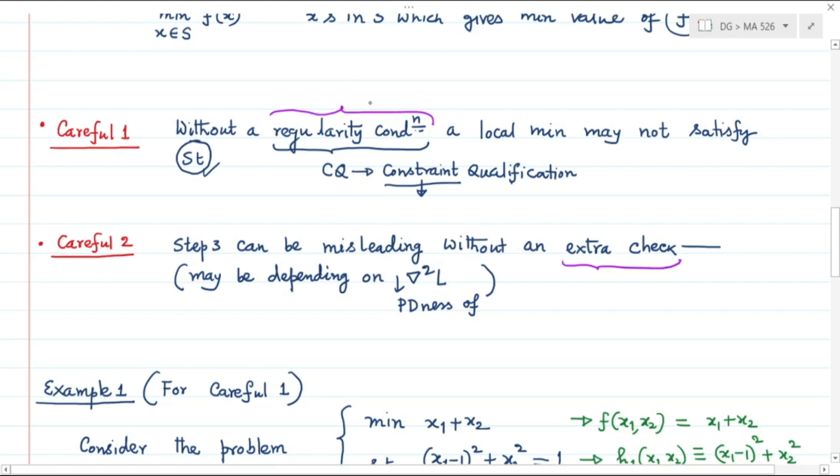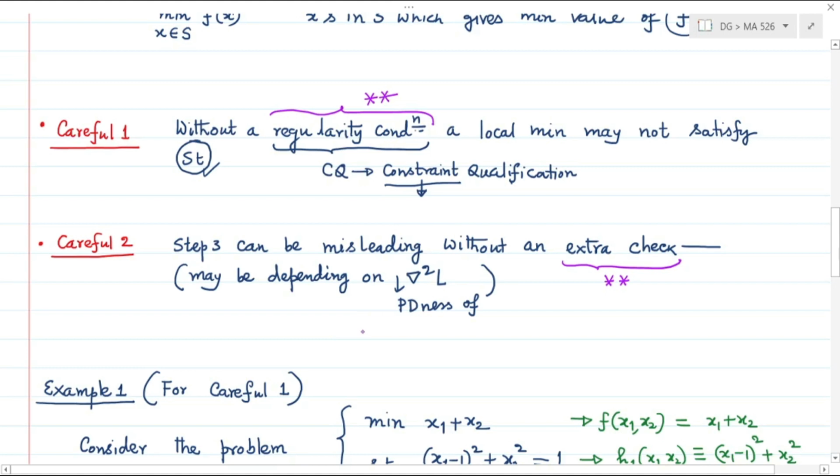So our next few lectures will be endeavoring to identify a few regularity conditions or constraint qualifications, as well as the second order sufficient optimality condition, so that on S you consider a point that gives the minimum value.